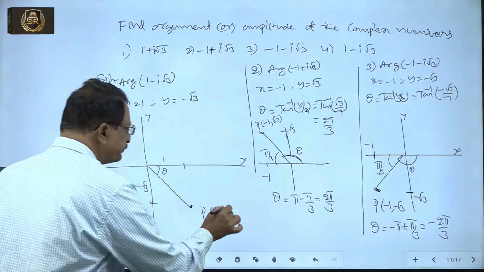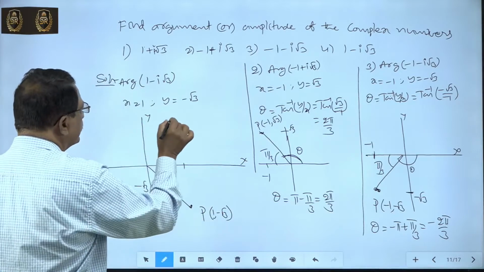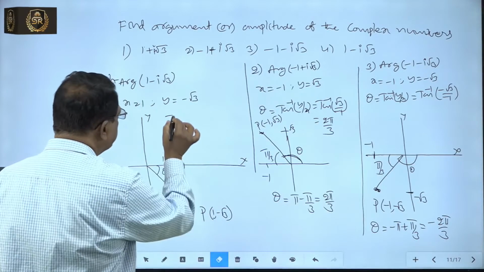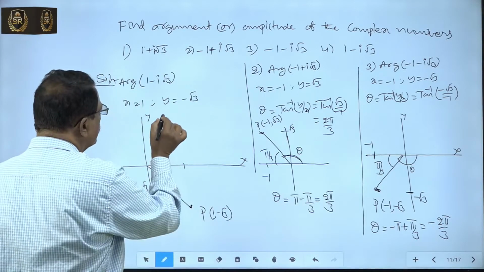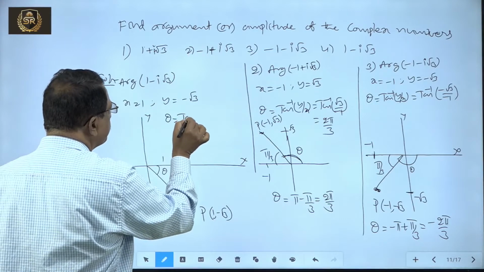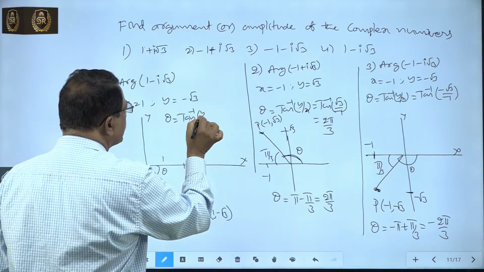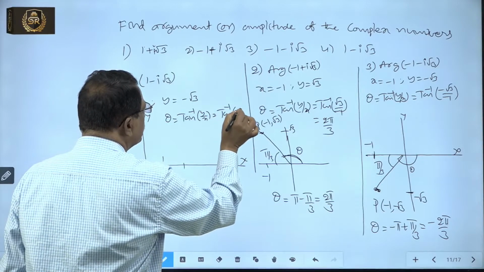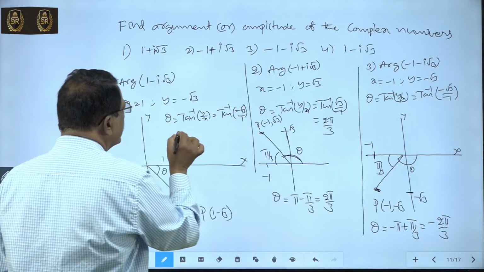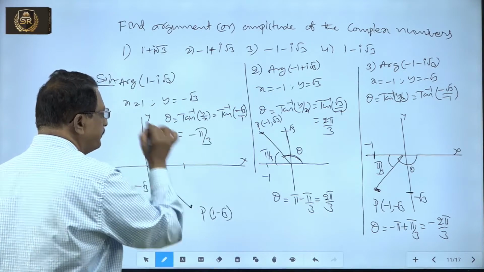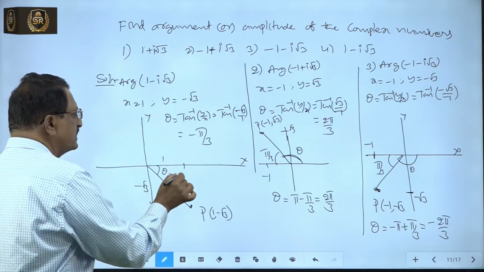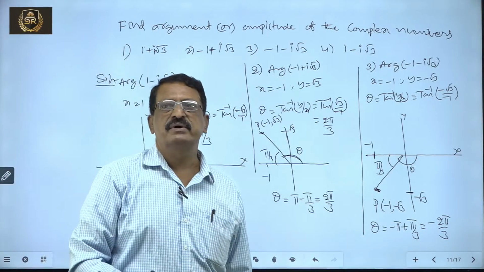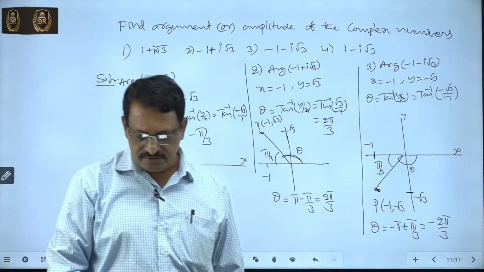Now theta equals tan inverse y by x, that equals tan inverse minus root 3 by 1, that equals minus pi by 3. So theta equals minus pi by 3; it depends on the quadrant, first, second, third or fourth quadrant.